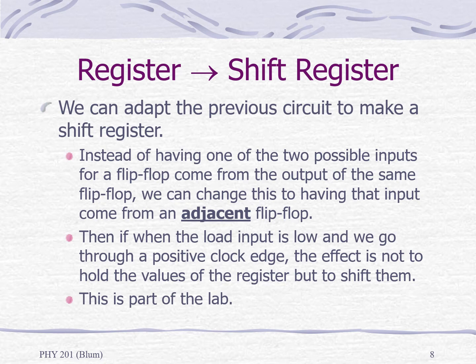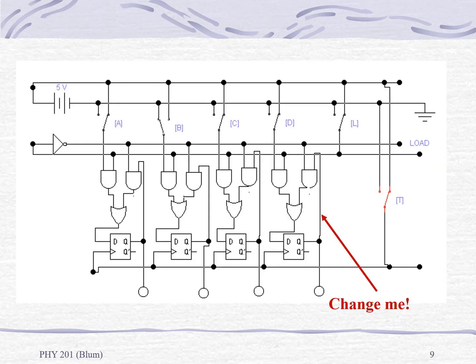And then when we are using that input, not from the switches, but from the flip-flops themselves, when the load input is low, then a given flip-flop is getting its input from its neighbor, and therefore it is shifting. So you will be changing the wire indicated and the corresponding wires for the other flip-flops.